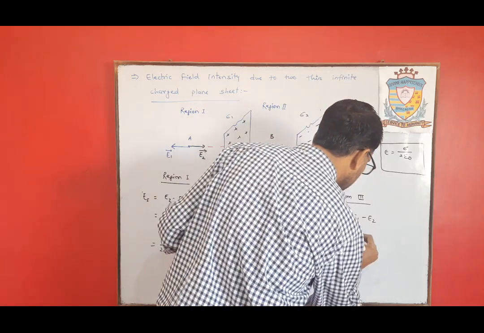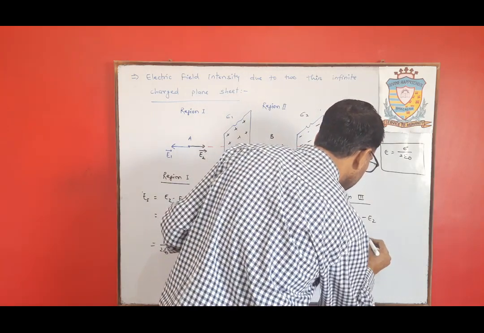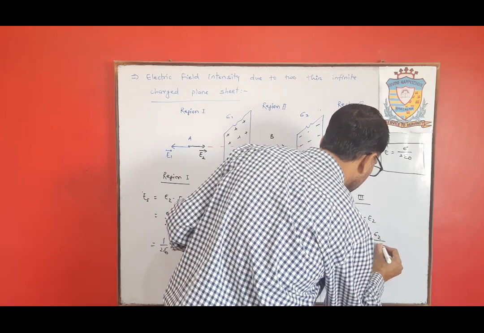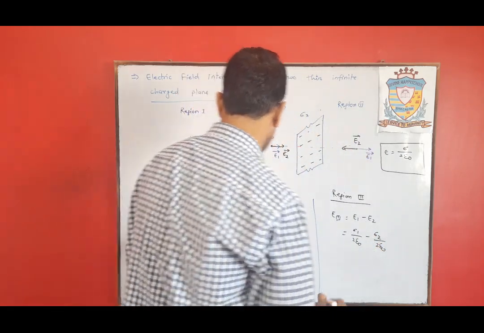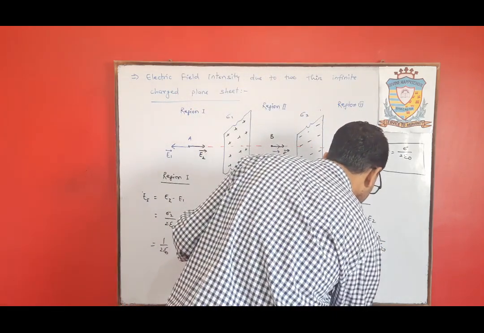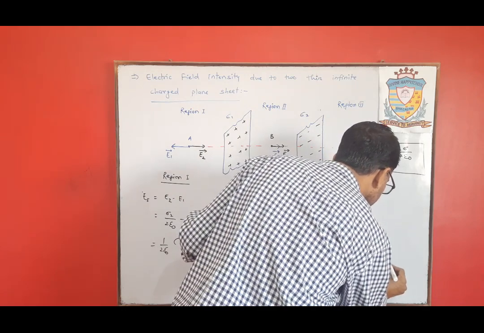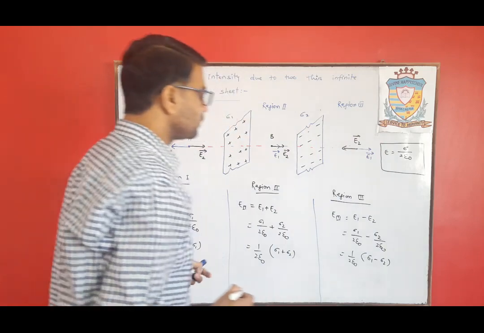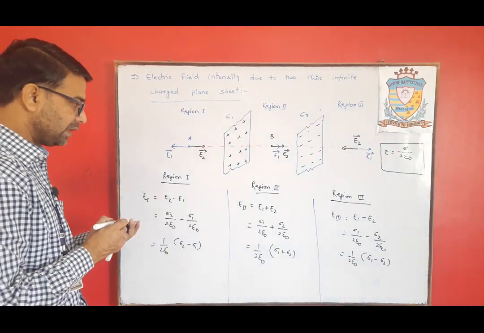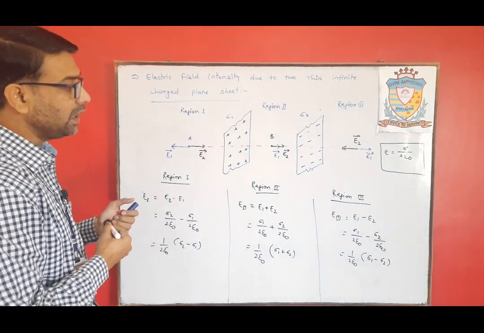Here sigma 1 upon 2 epsilon naught minus sigma 2 upon 2 epsilon naught, or if we take 1 upon 2 epsilon naught common, we have sigma 1 minus sigma 2. Clear? So this is the electric field intensity in all three regions.